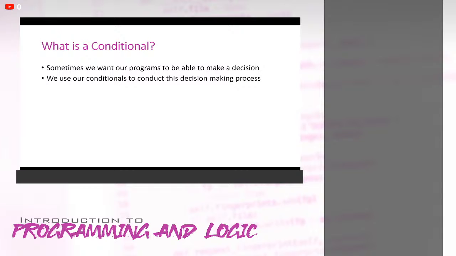With conditionals, this is really the first time we're doing anything to break our flow of execution, to change our program from just running everything in order from top to bottom, to something where we branch off and have different paths for our program to take based on conditions. So we use our conditionals to conduct this decision-making process.